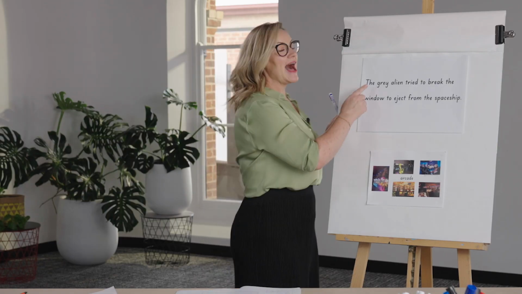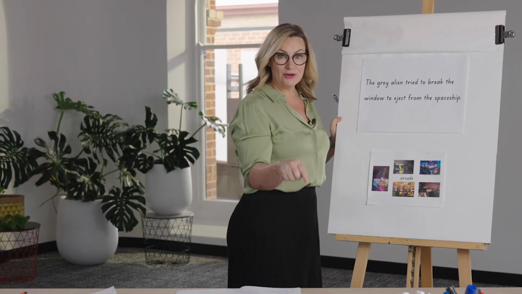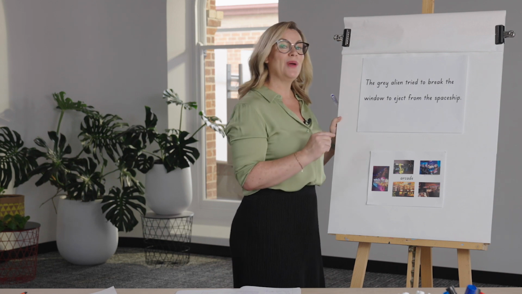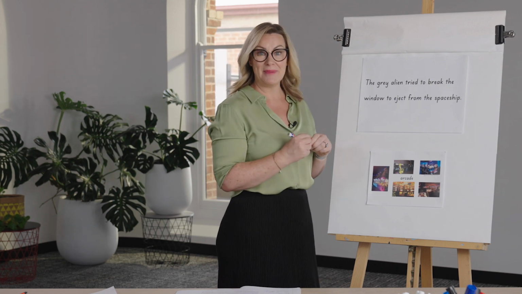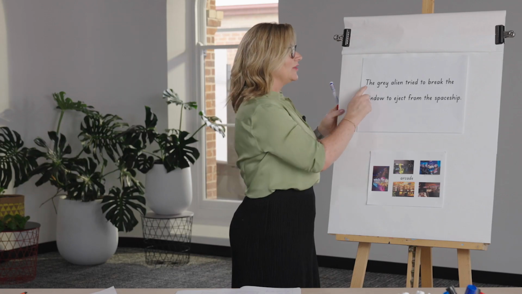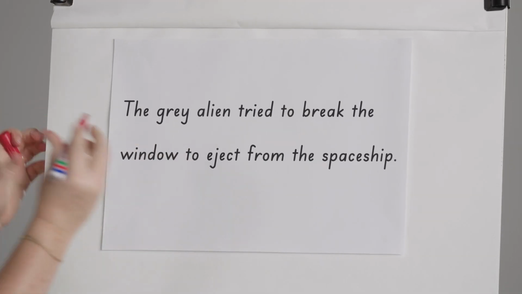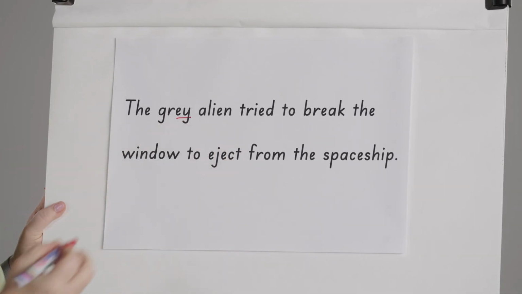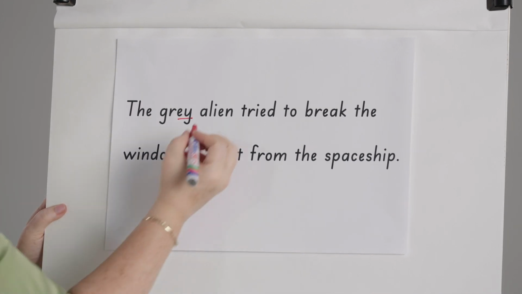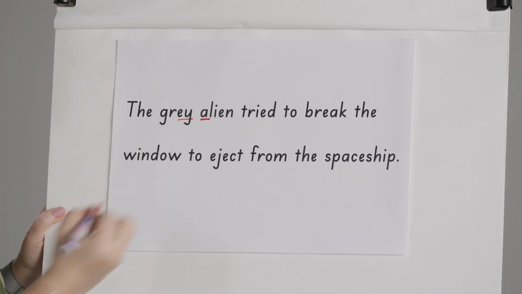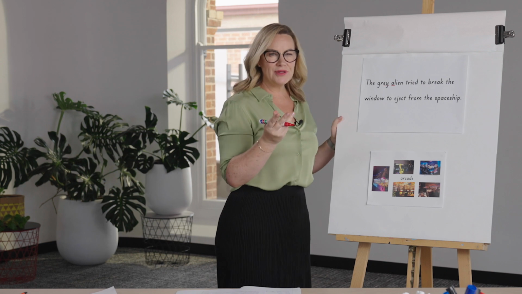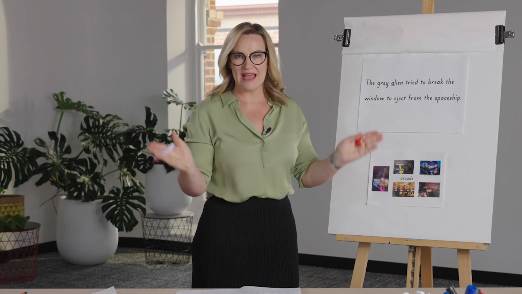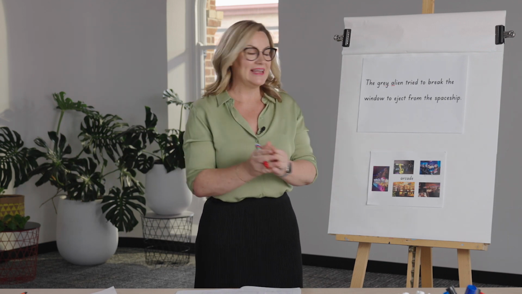Okay, it's time to check our work. So look up over on the board now, and you have to look up at the board and then down on your page to make sure you have the right spelling choices and punctuation. Okay, the grey, did you have EY? Excellent. Alien. Now that's, if we're clapping out our syllables there, A-L-I-N.